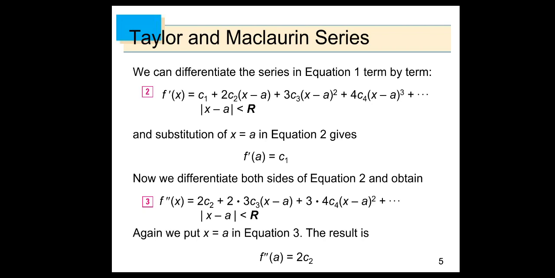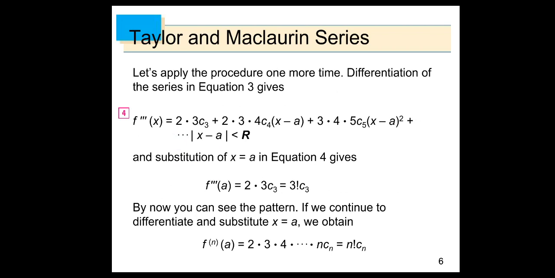Why? Because again, we are having the double differentiation, or double prime of x, and then we will be putting x equal to a, and the other terms will become 0, right? So after that, we have the f triple prime of x, which is equal to 2 times 3c3 plus 2 times 3 times 4c4 and so on.